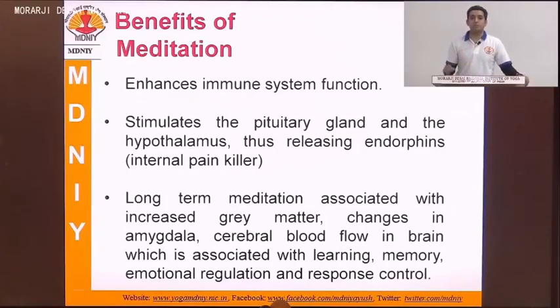If you are doing dhyana and then later on dhyana happens, you can see the benefits. I have mentioned some benefits here. It enhances immune system function, stimulates the pituitary gland and hypothalamus, thus releasing endorphins, the internal painkiller, as we say.